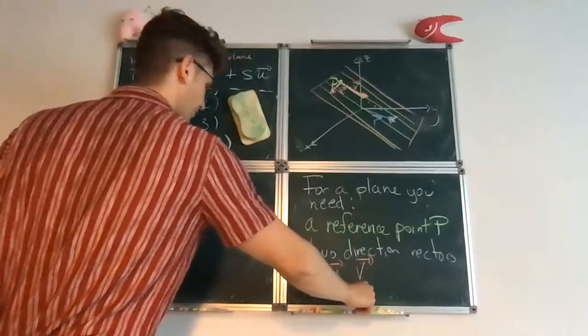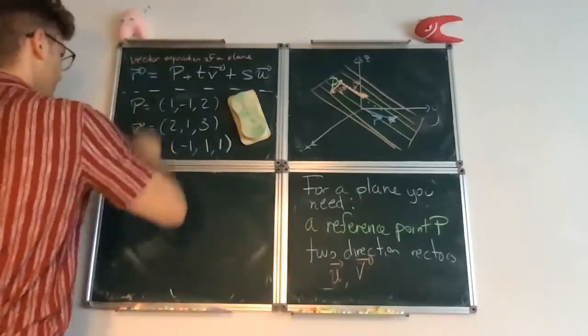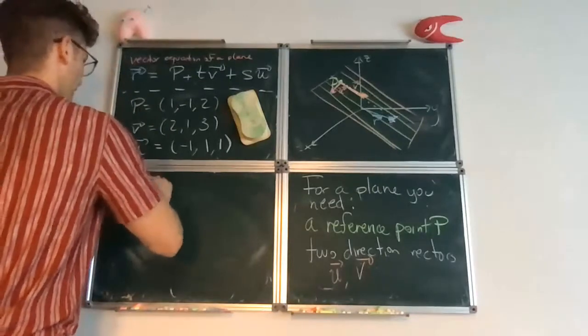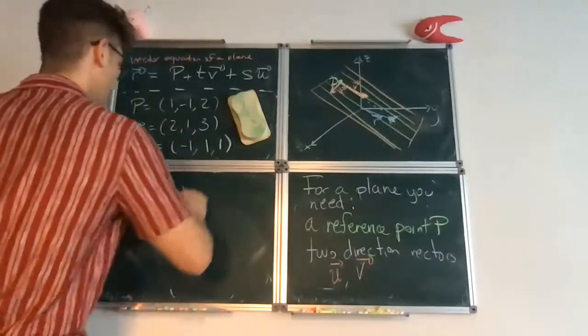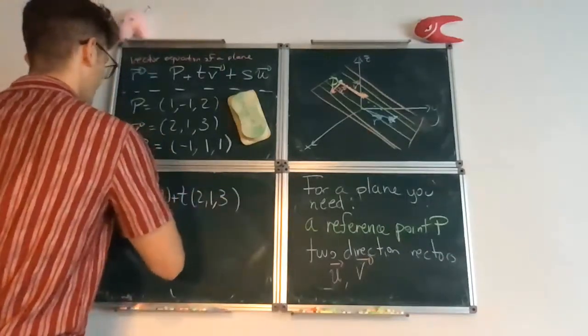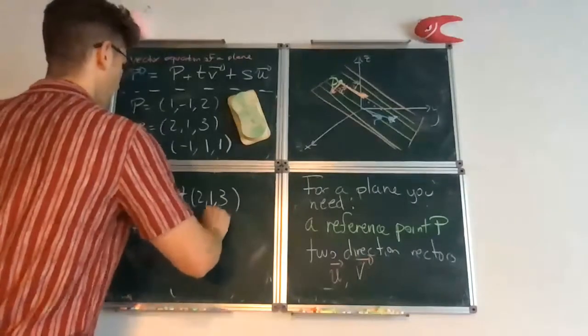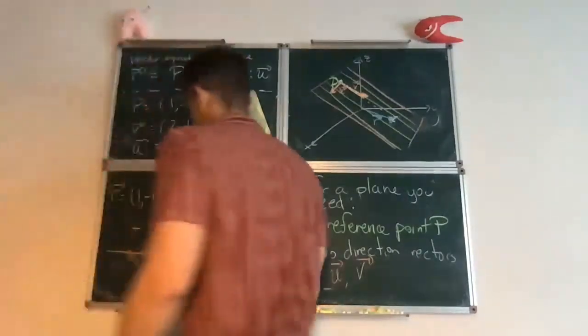So the equation of the plane would be r equals p, which is (1, -1, 2), plus t times d, which is (2, 1, 3), plus s times (-1, 1, 1).